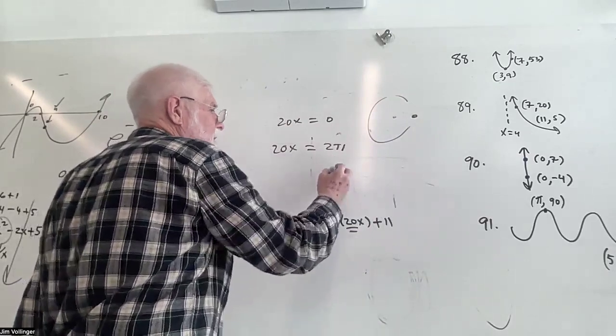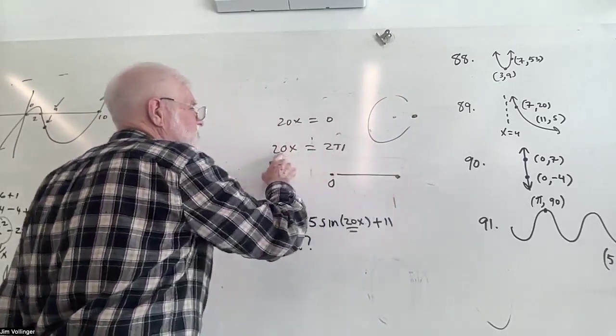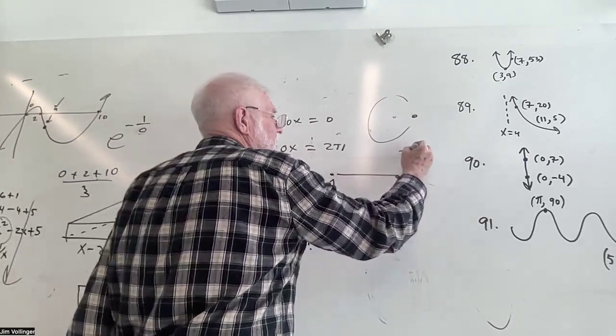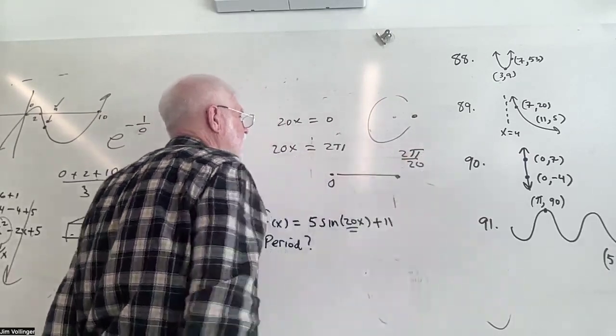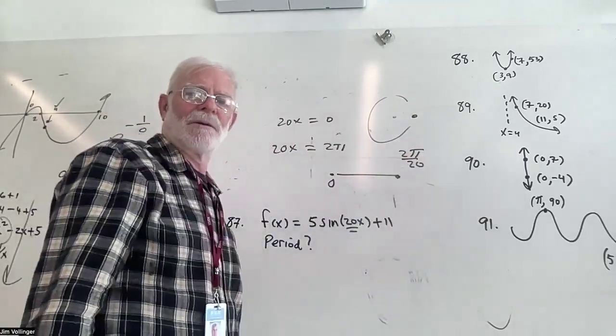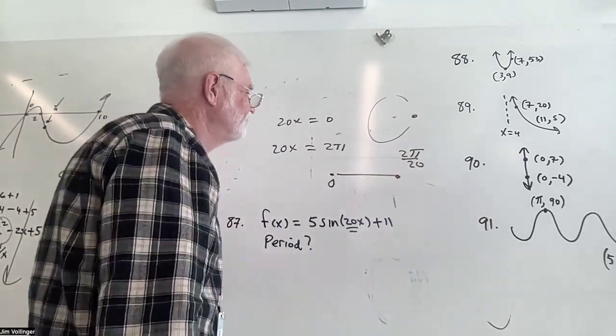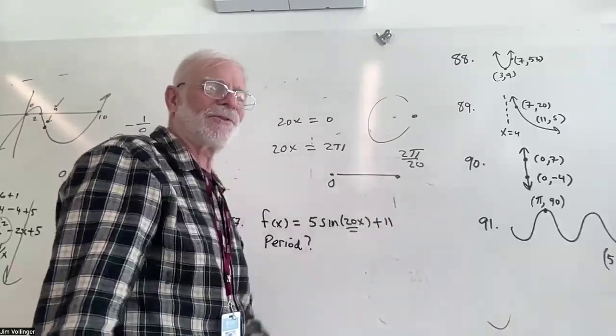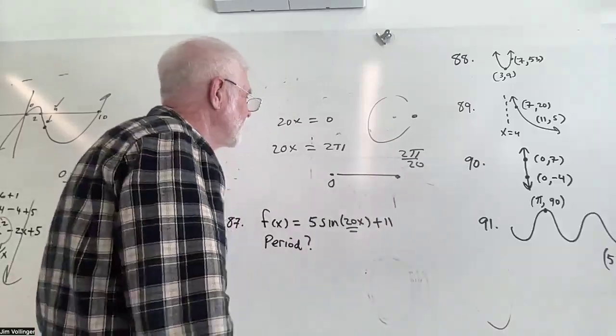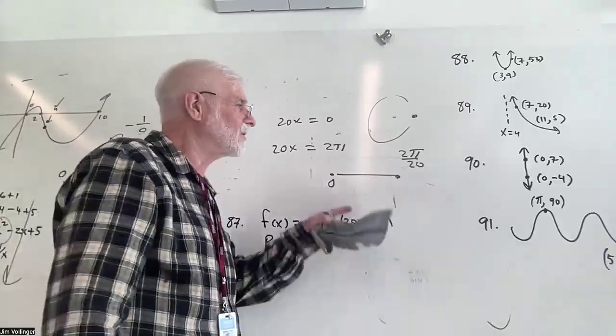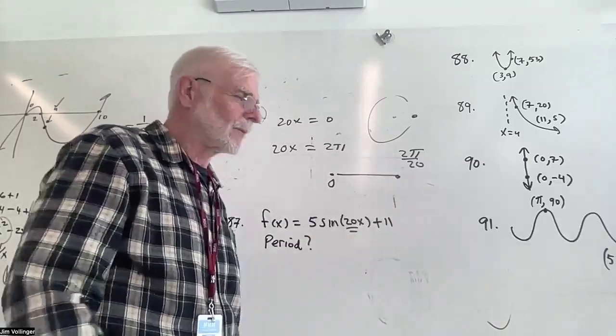Starts at 0, ends at what? When does 20x equal 2 pi? When I divide 2 pi by 20. Geez. The multiplier, 20, divided into 2 pi. Yeah. Does seem like we could have shortcut this by going straight to that. All right.